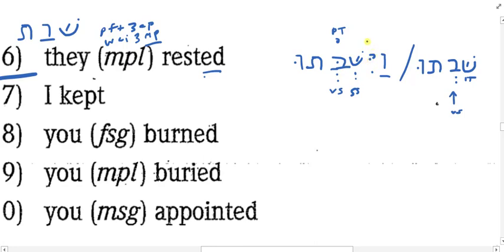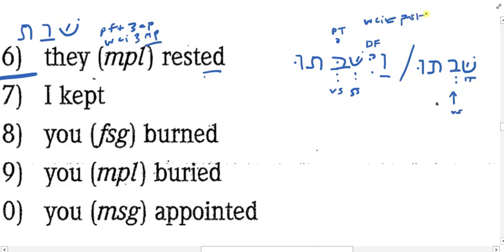Yep, I need a dagesh forte in the yod. So it's vayishbatu. So the yishbatu part tells me it's they doing it. The vay is telling me that it's past time. They rested. Because WCIs are always past.